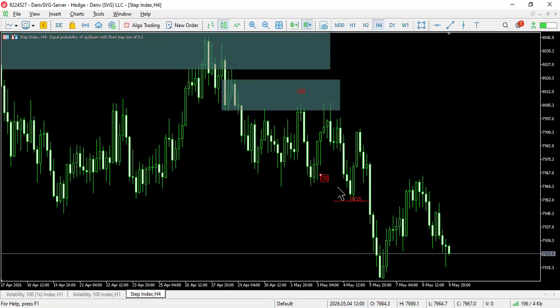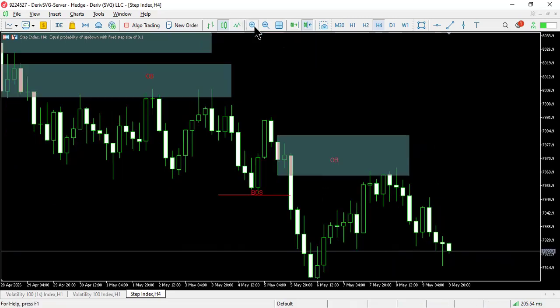So we have that break of structure and then the order block which caused that break of structure. From the 4 hours time frame, it's that order block where price stepped in, formed a tweezer top, and then it's pushing to the downside. And then we have this break of structure.